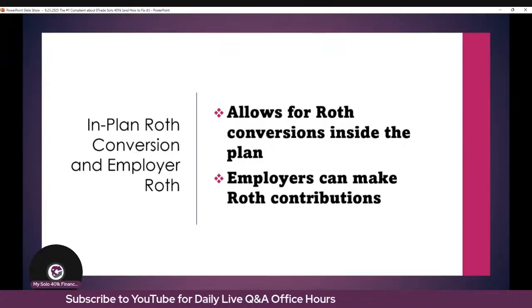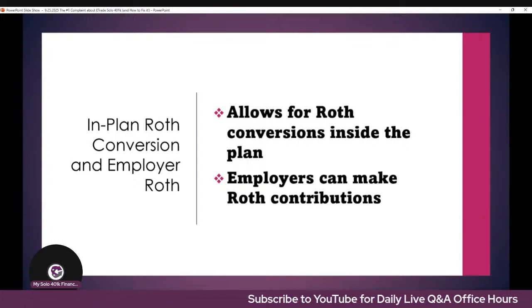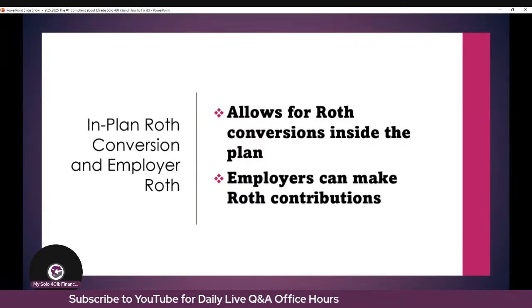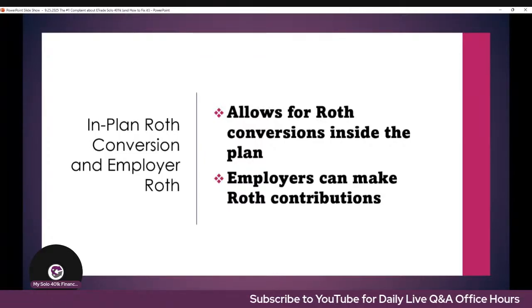Now, you need to have a plan document that allows for the in-plan Roth conversion or rollover, and our plan documents do. In addition, we prepare the 1099-R as an optional free service, in other words, for no additional charge. Now, the other way that folks are getting funds into their Roth account is by making employer contributions as Roth contributions.